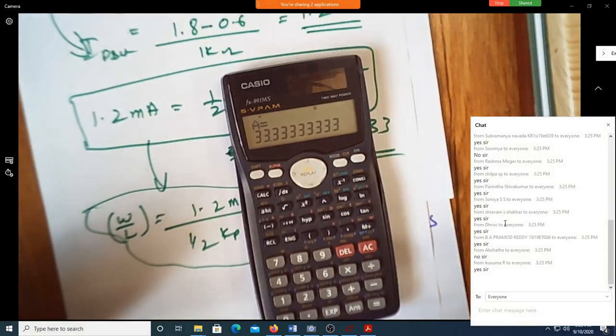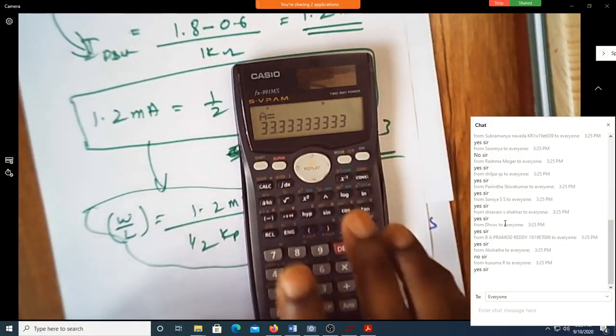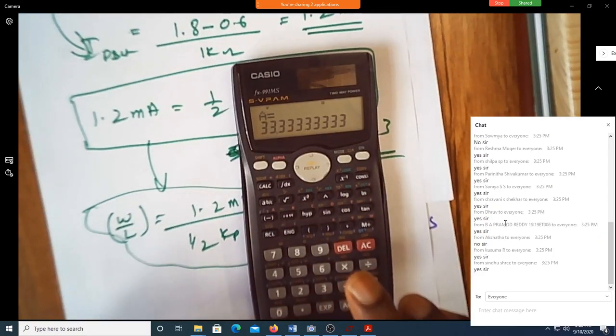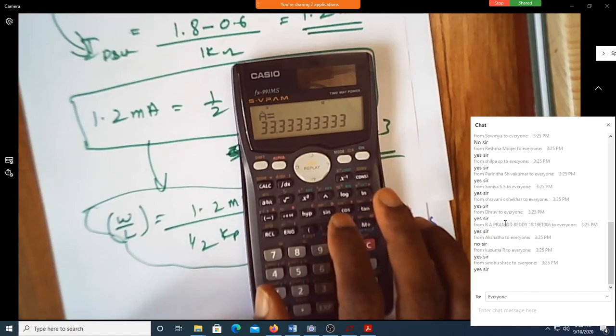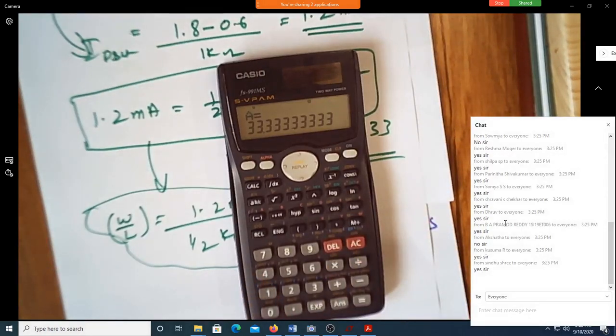Do you have one similar to this or a different one, a silver colored? Maybe sometime later I'll let you know. Because I don't know how to operate that calculator, maybe I'll just ask one of your seniors and then let you know how to use it.